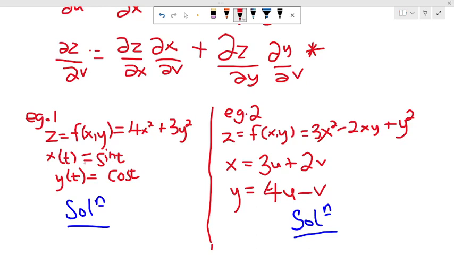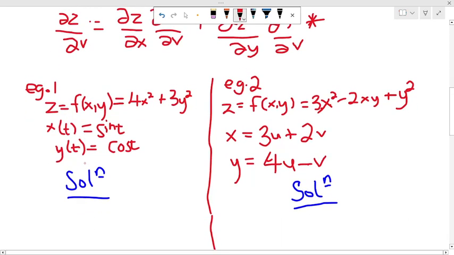So now in this function we have z, a function of x and y, is equal to 4x squared plus 3y squared. That means that our function z is first of all dependent on x and y. Now with the second equation, we have x, a function of t, and that's equal to sine t, and we have a y, a function of t, that's equal to cos t.